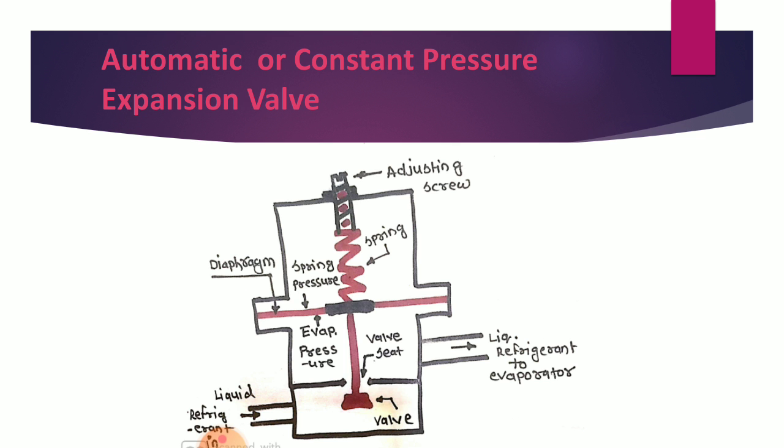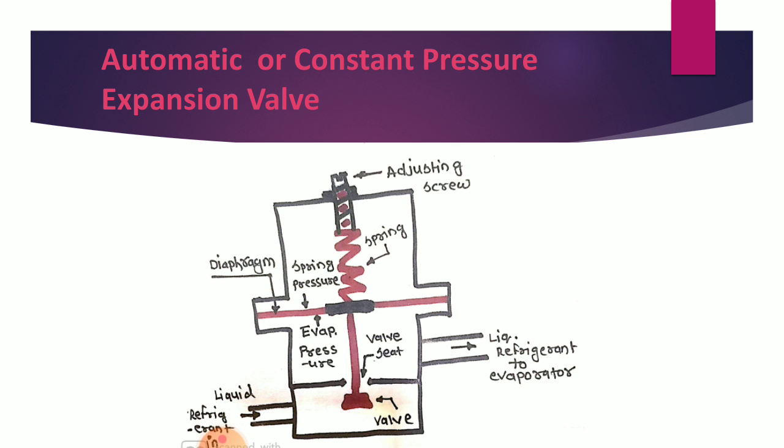Here we have to maintain the evaporator pressure by providing a controlled amount of refrigerant to the evaporator. When the load on the evaporator changes, the pressure will either rise above the design pressure, or fall below the design pressure. In that changing condition, we have to maintain the constant pressure of the evaporator.